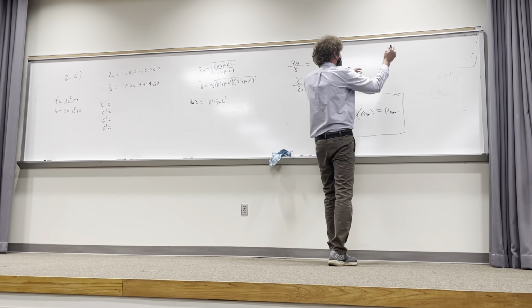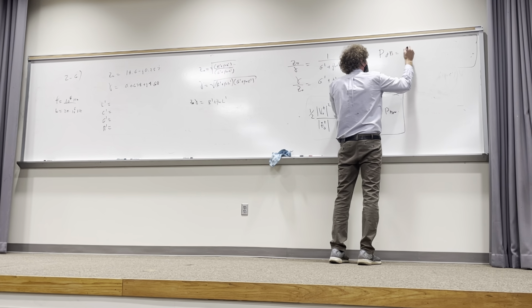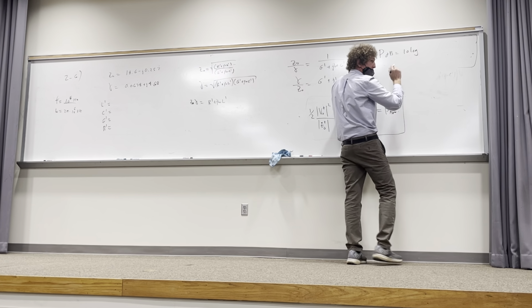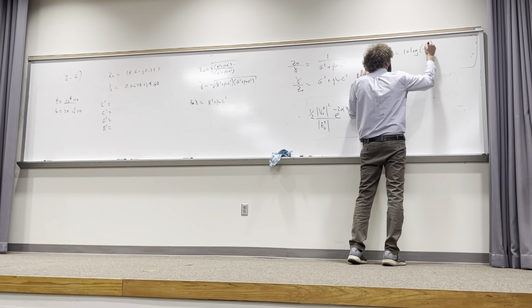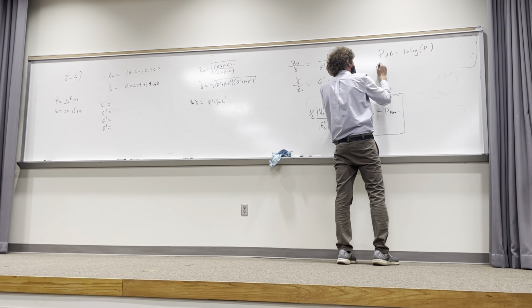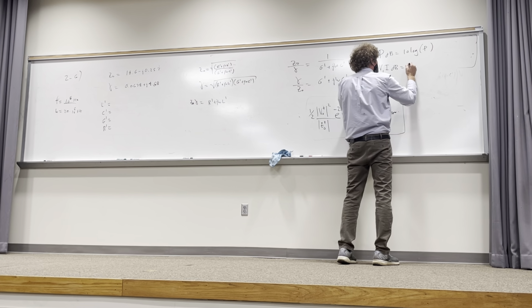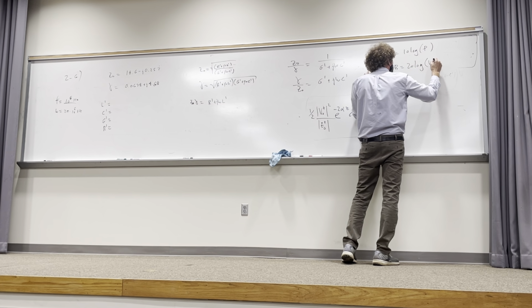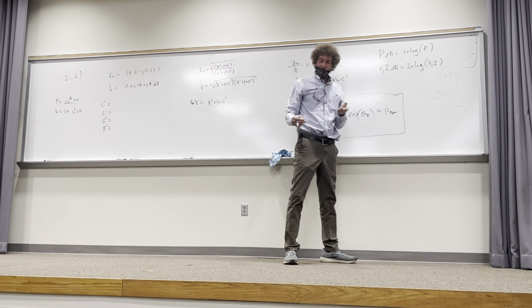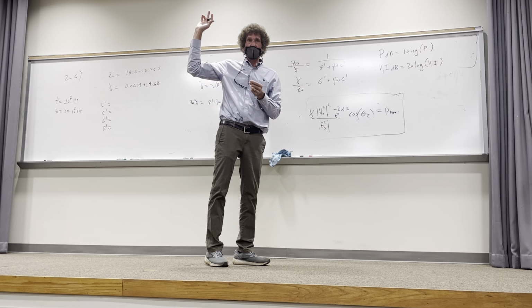When you're dealing with dB, power in dB is equal to 10 times log, and that's a base 10 log, that is not log base e, of any quantity. And when you're dealing with either voltage or current in dB, it's 20 times the log of either V or I. How many have heard of dBm in here?